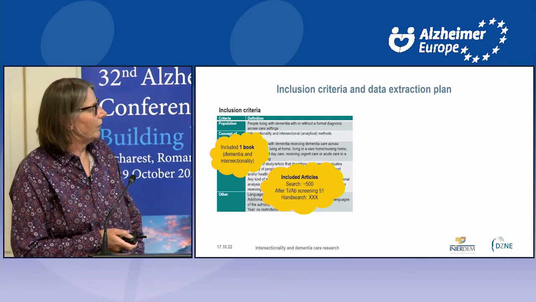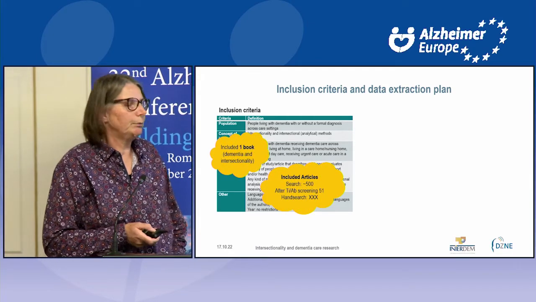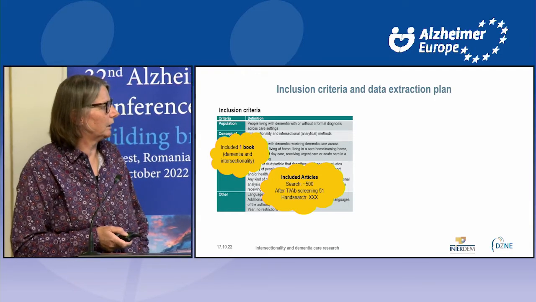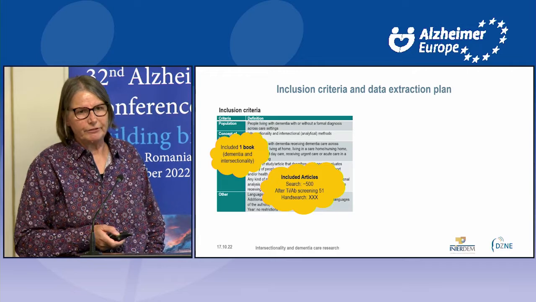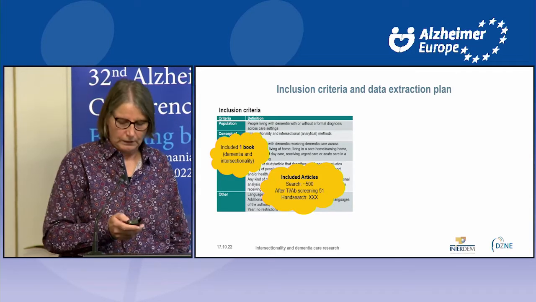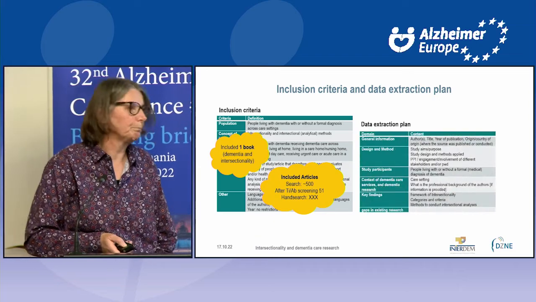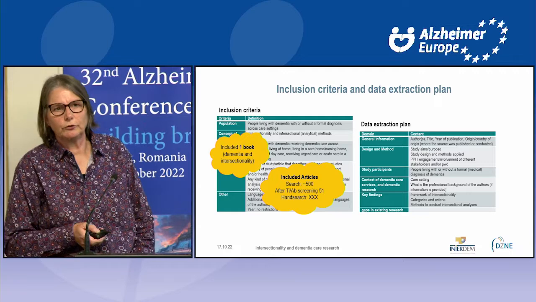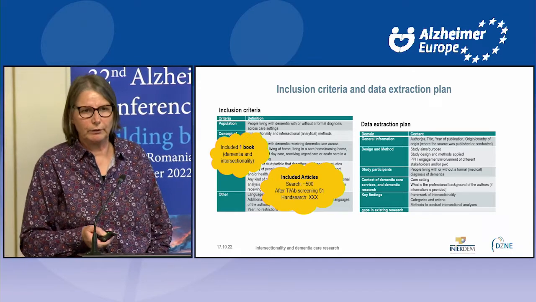So far there's one book which we were able to include which addresses dementia and intersectionality directly, and out of the 500 articles we were able to identify 51 after TIAP screening. And then you can also see the data extraction plan, and I'm going to talk a little bit about how we are going to analyze our data.